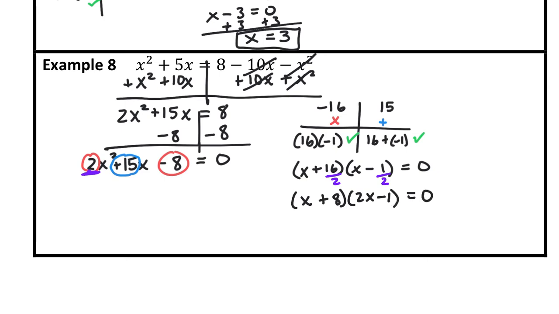And then we can use the zero product property. We say that this is A, and let me use a different color.